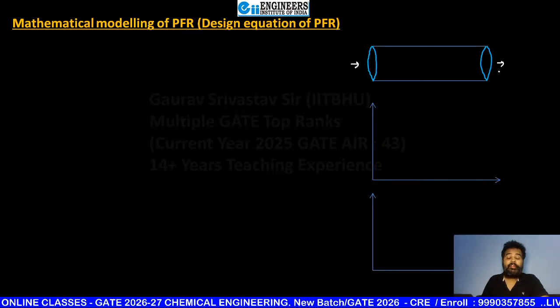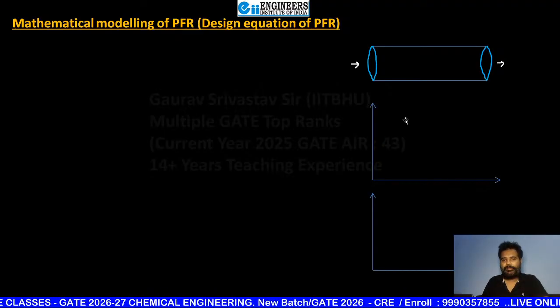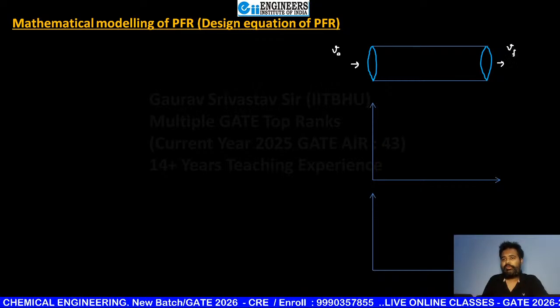Product and unreacted feed reactants exit from the right hand side. Now volumetric flow rate I am representing V naught, and at the exit side it may be Vf. Sir, V naught will be equals to Vf every time?